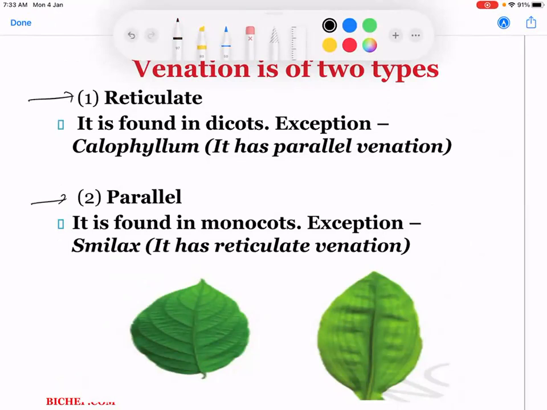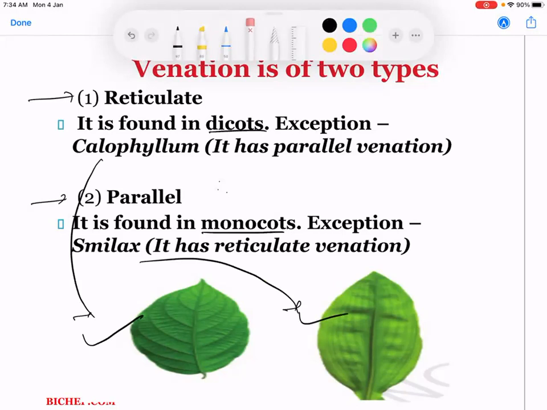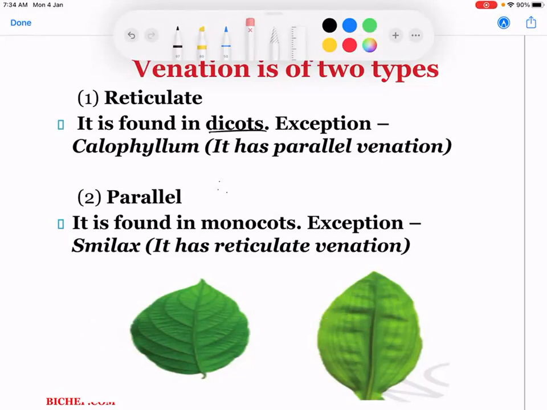First is reticulate, second is parallel, found in dicot and found in monocot. Ready? This is Calophyllum and this is Smilax. These are the examples showing either the reticulate type of arrangement or the parallel type of arrangement.